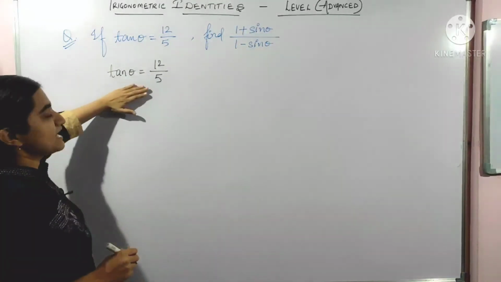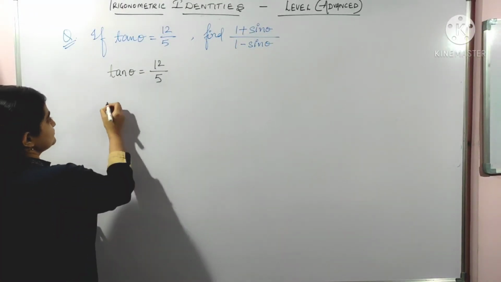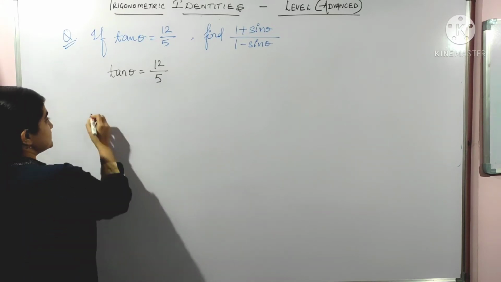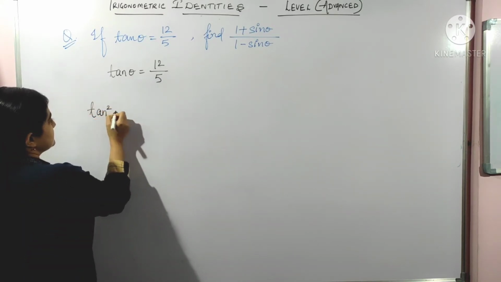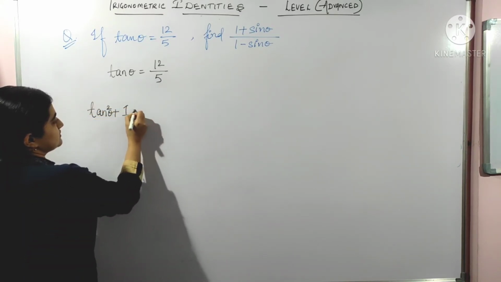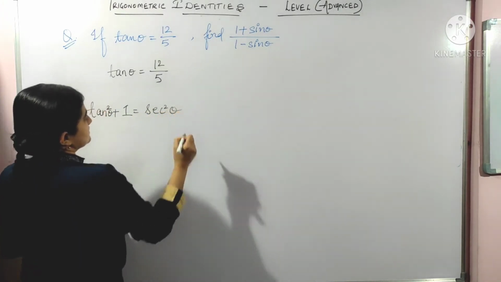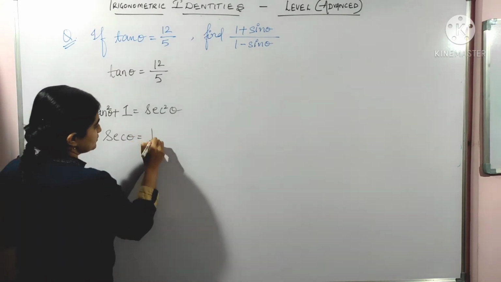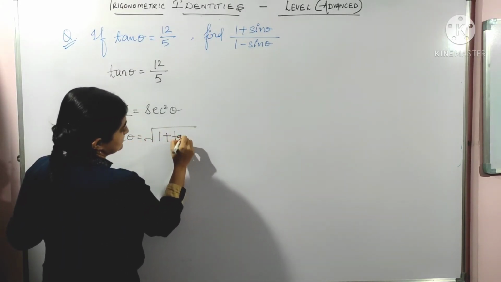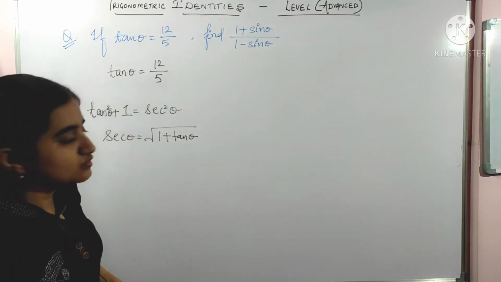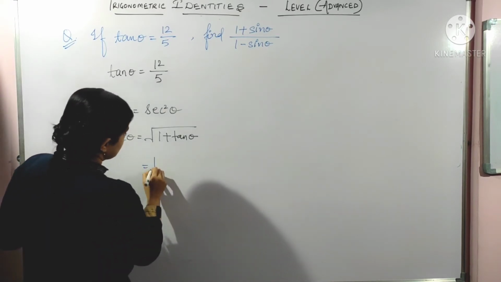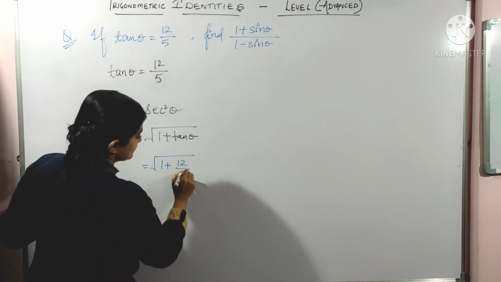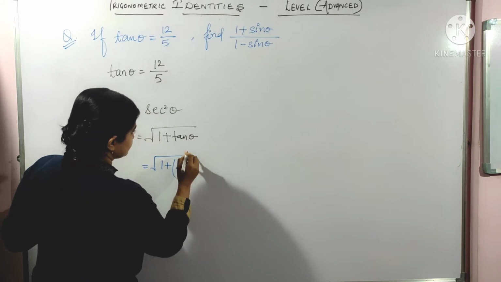Okay, here we are having tan theta, so we know that our identity is tan square theta plus 1 equals sec square theta. So sec theta equals under root of 1 plus tan square theta. Now what we will do, we will replace tan theta by 12 by 5 here.